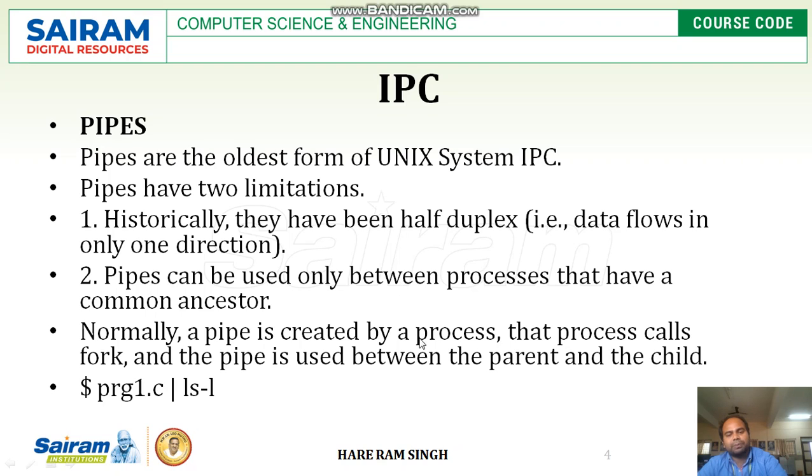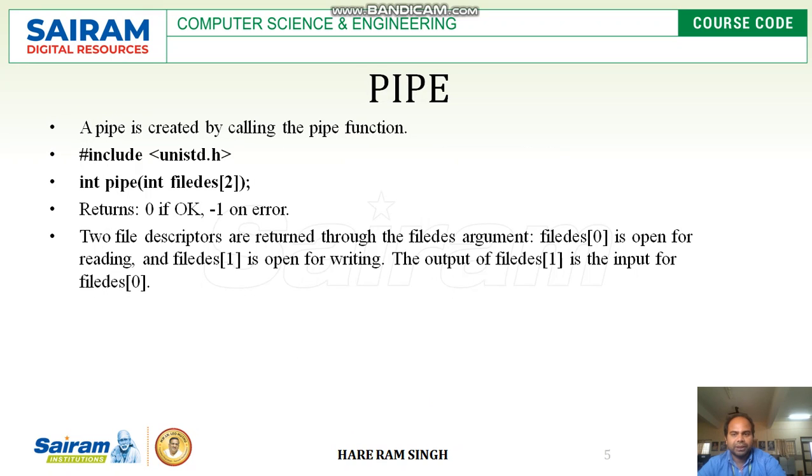Normally a pipe is created by a process. The process then calls the fork function to create a child process, and the inter-process communication can happen using the pipe between the parent process and the child process.